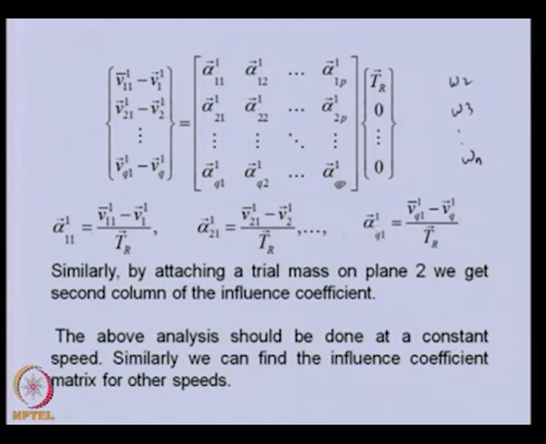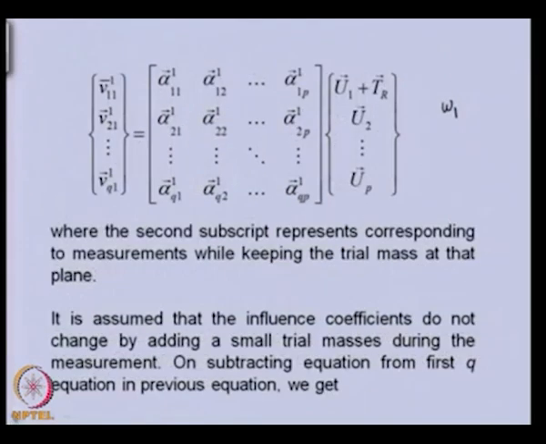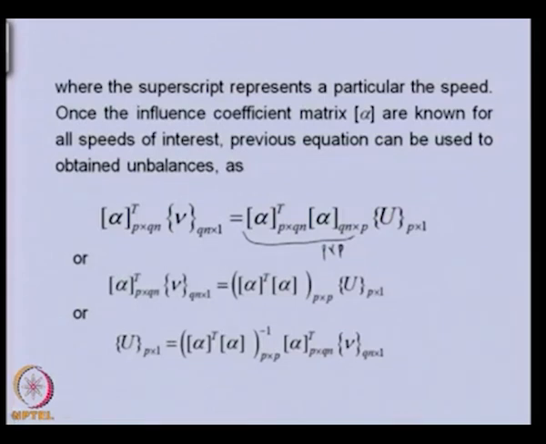Once we obtain this influence coefficient for all the speeds, then we can get the residual unbalance in p number of planes, and using this expression which is for all the speeds, because this is independent of speed.